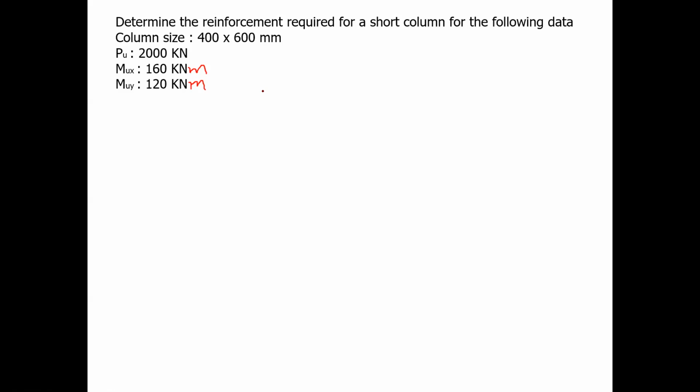Okay, in two directions moment will be acting. So take down given: the size of column 400 mm into 600 mm, moment in X direction 160 kilonewton meter, Y direction 120 kilonewton meter.